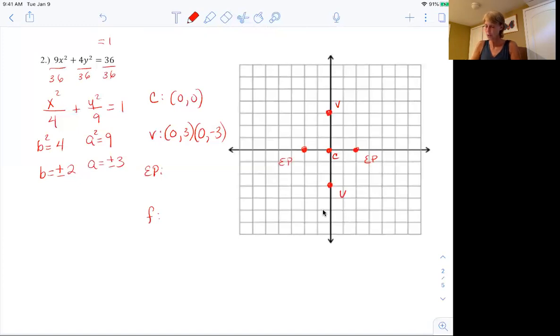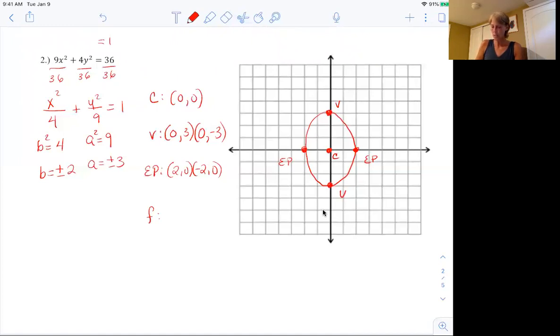The ordered pairs for my endpoints, 2, 0, negative 2, 0. If you want at this point, and this is what I usually do, I connect my dots because then I don't mess up. The foci are not on the curve. They're points in the geometric definition that we graph in the curve, but they are not solutions.